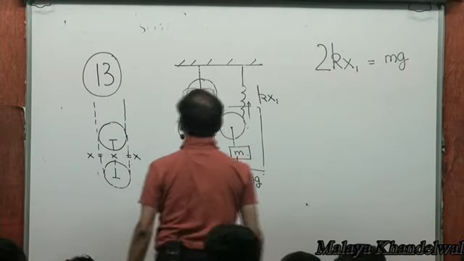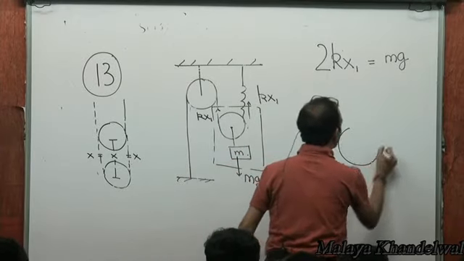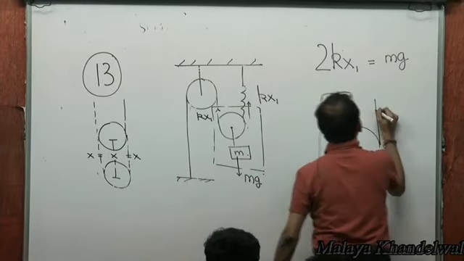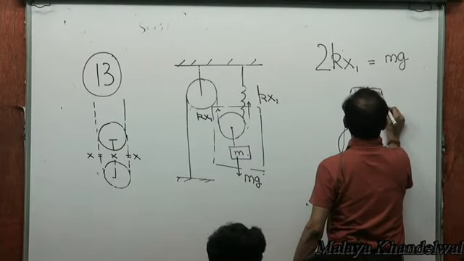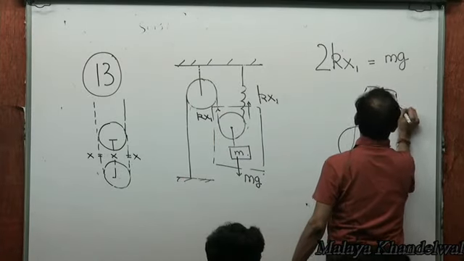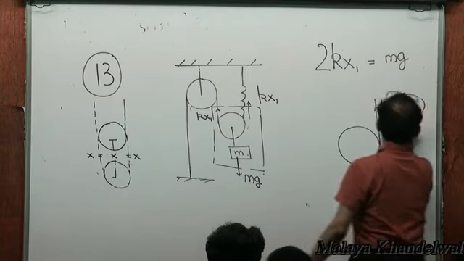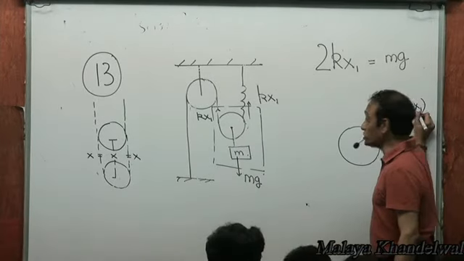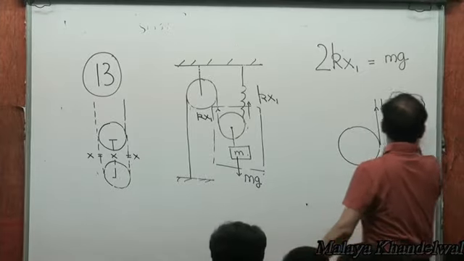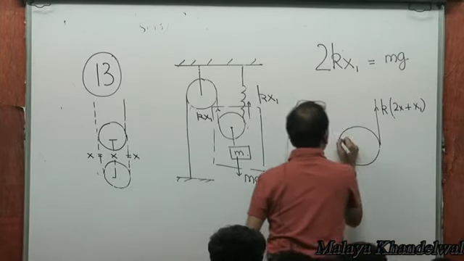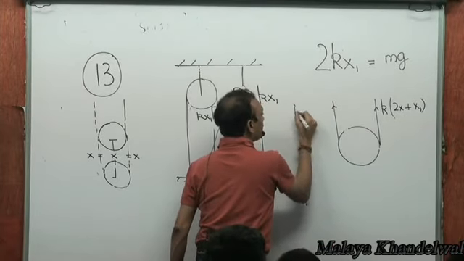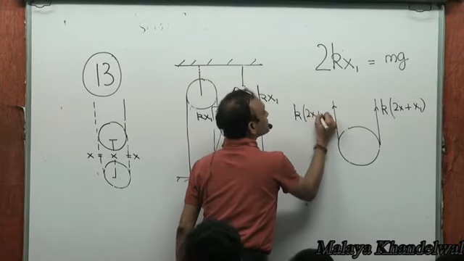That means now in the new state, the total elongation is 2x plus x1, where x1 was the original elongation. When I bring it to the new state, there is additional elongation of 2x, so 2x plus x1, and the spring force is k into (2x plus x1).